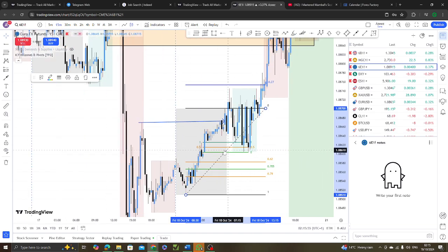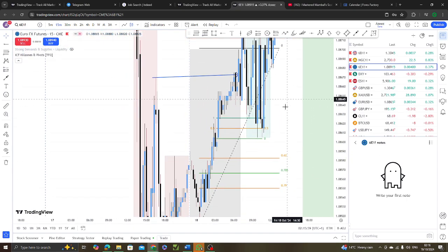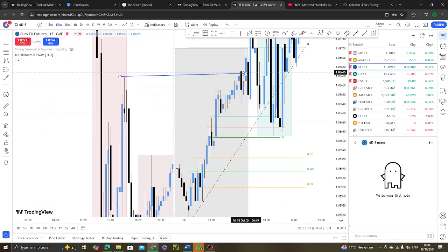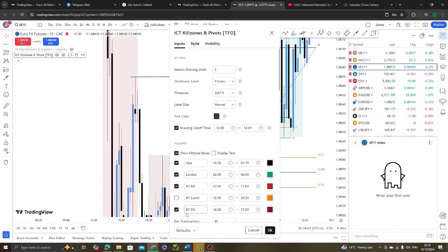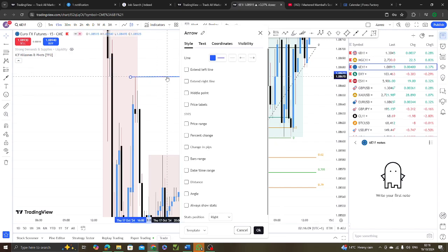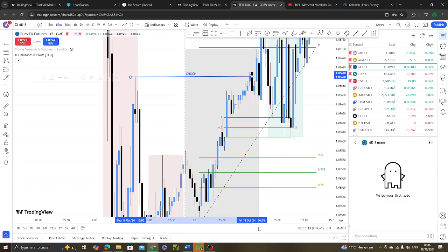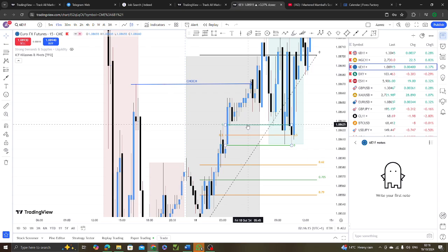But if I already have a fair value gap and demand here, and already this area is also showing me the change of character, this area is showing me change of character. What I need to do then, I need to highlight this level.